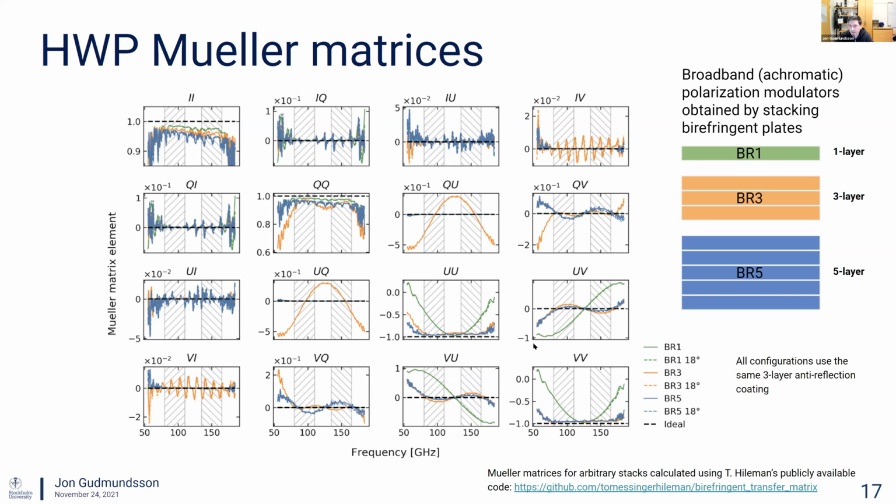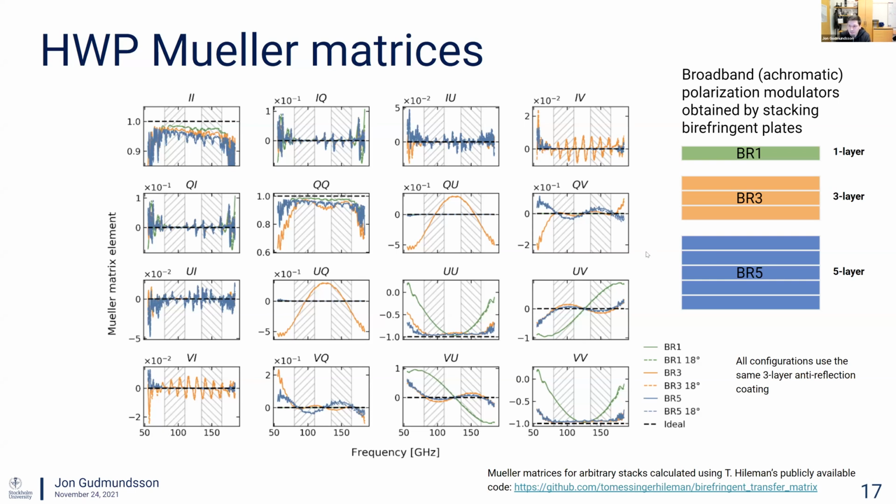And in this paper, we studied the impact of 3 different types of half-wave plates. You can have a simple single birefringent layer, what we refer to as BR1 in our paper. You can have a 3-layer half-wave plate or 5-layer. You can have an arbitrary number of layers, and I think we might actually talk about that later today.